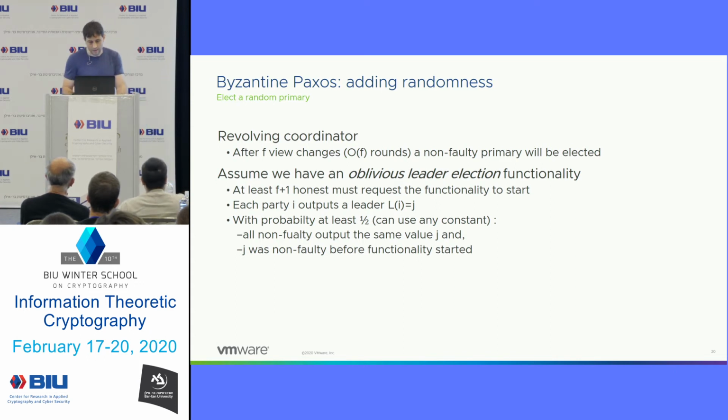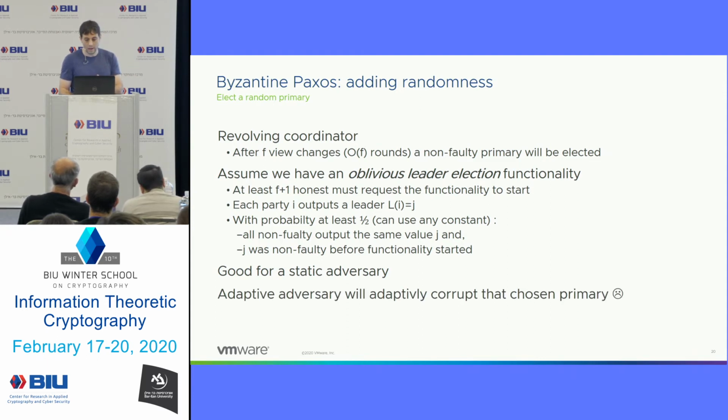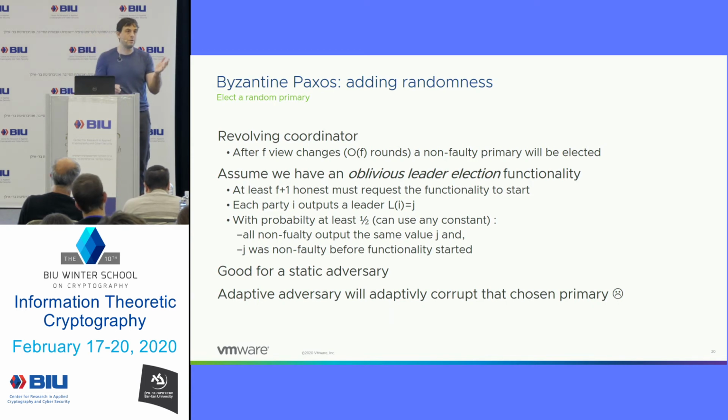So this is the functionality, and you might try to use this for a static adversary, and basically instead of having a revolving coordinator, every view you would do a random leader election, and then choose the new primary based on this functionality.